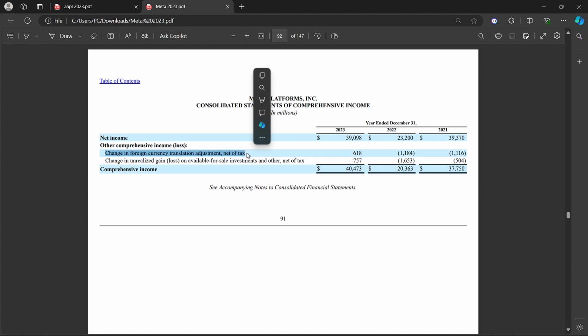So that's why it's usually listed as a separate item, to see how much of their revenues was coming from, or how much of their revenues got lost in between currency transaction or currency conversion. Yeah, some companies do that.